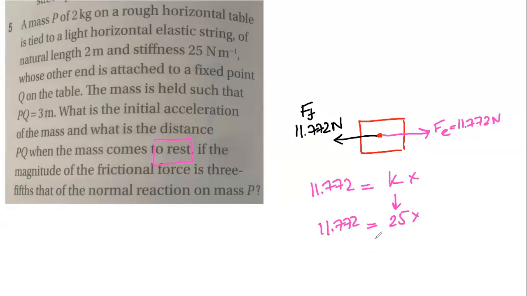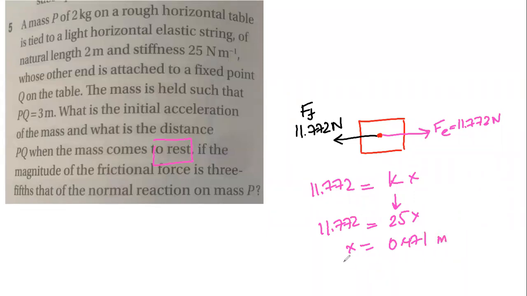If I reorder that, what is 11.772 divided by 25? I get extension equals, to 2 SF really, 0.478. Is it? No, I beg your pardon, 0.471 meters.